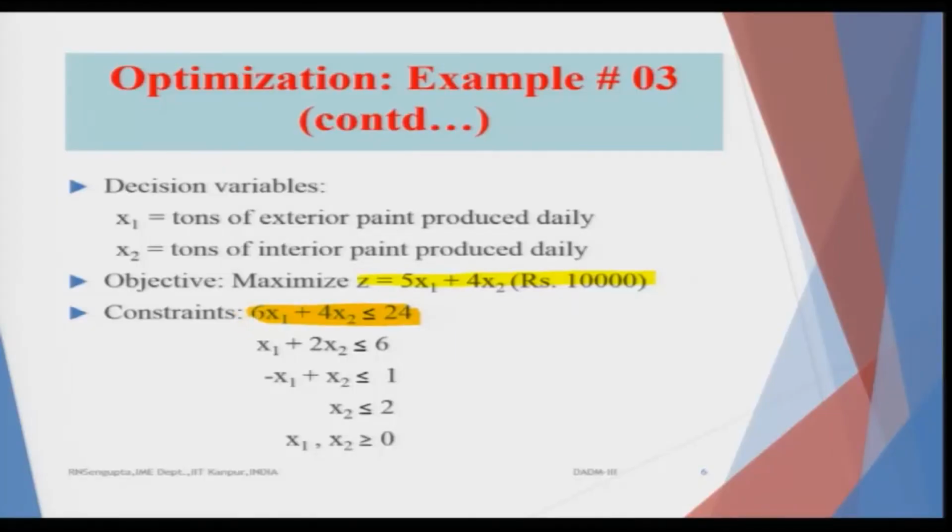So, that means the total amount of material 1 being utilized to produce x 1 amount of exterior paint is 6 into x 1, which is the first value. And the raw material 1 needed to produce the interior paint is 4 into x 2, because x 2 is the value of interior paints we are going to produce.